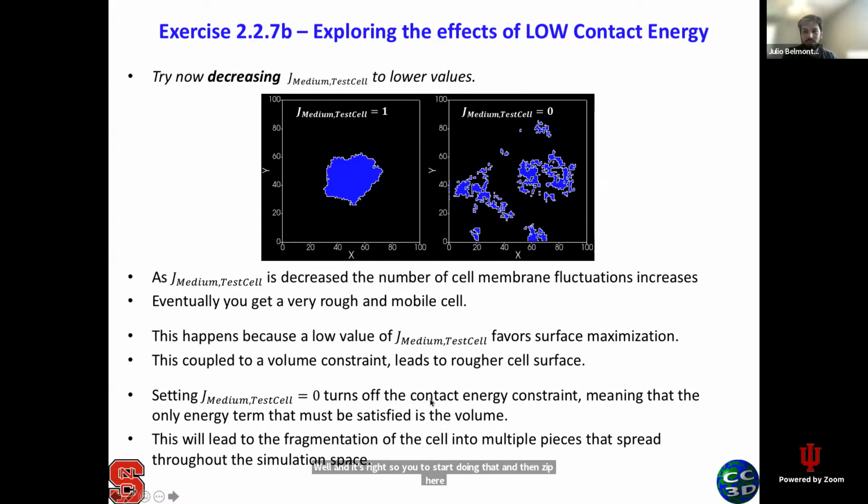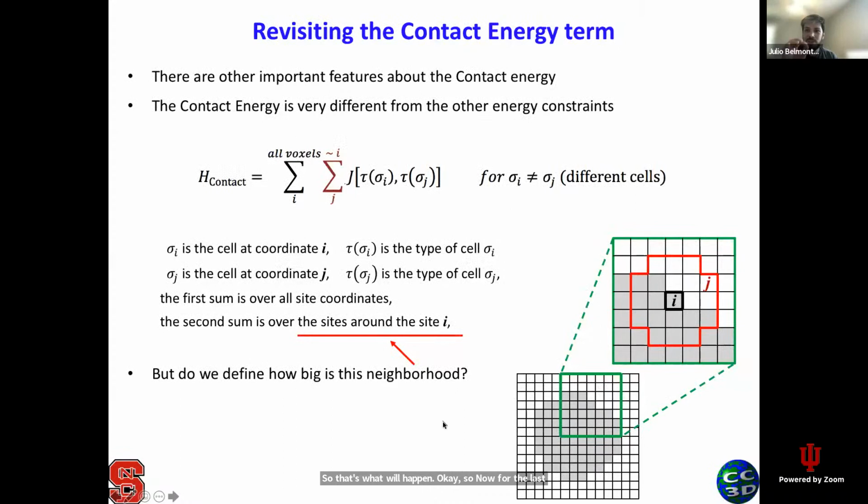So for the last part, I would like to talk a little about that boundary thing that you had before. We said that the way this contact energy works is by making a sum over all the lattice sites and then a second sum around each one of those lattice sites with its neighborhood. The default neighborhood in CompuCell is set by the neighbor order parameter.